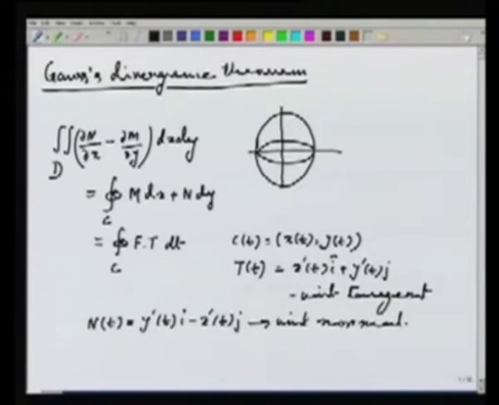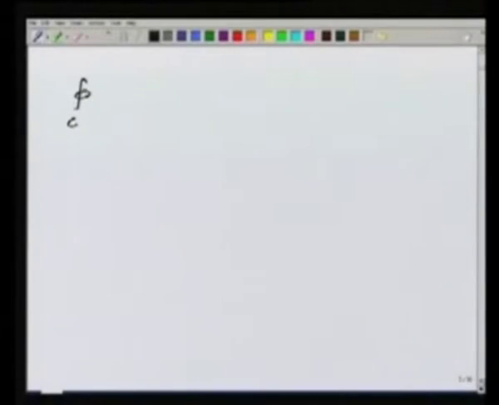Now let us look at this integral, integral over C of F dot N dt. Instead of F dot T dt, I look at F dot N dt. So what does this mean actually? It means integral over C of M dy minus N dx.